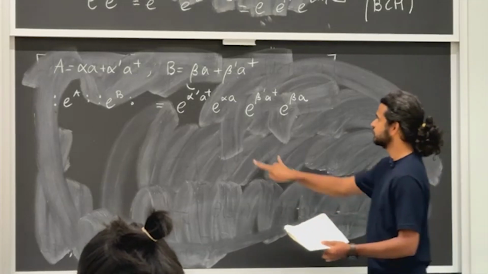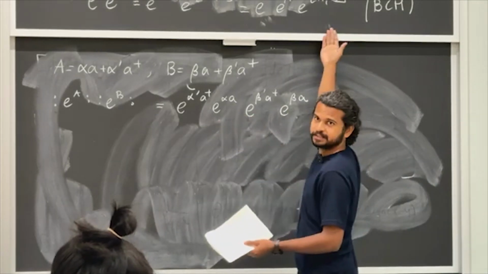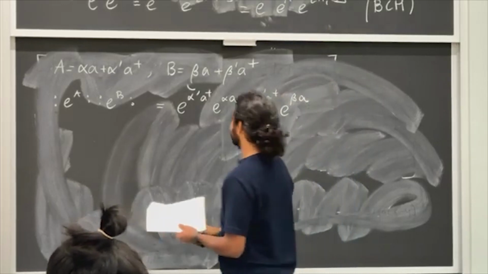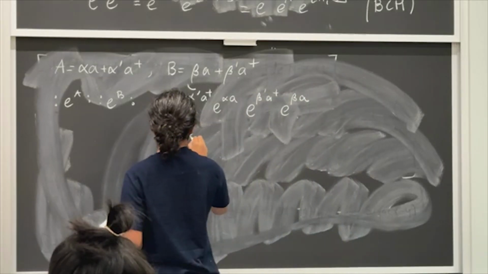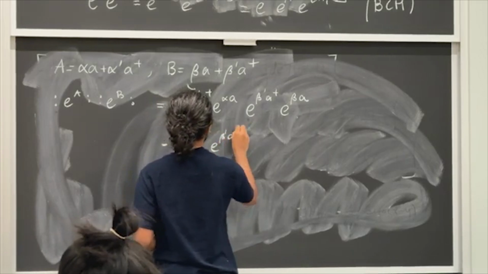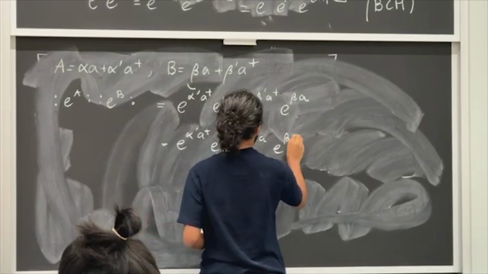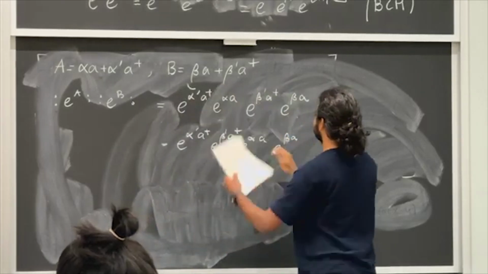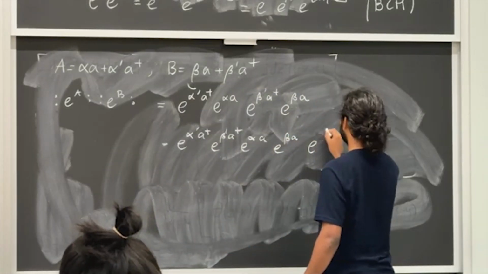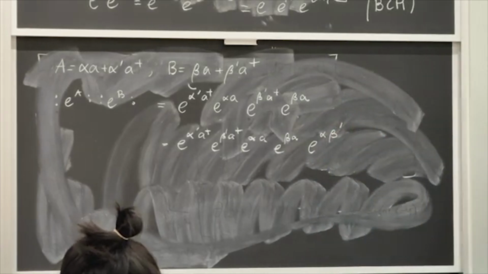Now I will swap these two using BCH. That gives me e to the alpha prime A dagger, e to the beta prime A dagger, e to the alpha A, e to the beta A, and when I swap them I get e to the alpha beta prime. The commutator of A and A dagger is 1.